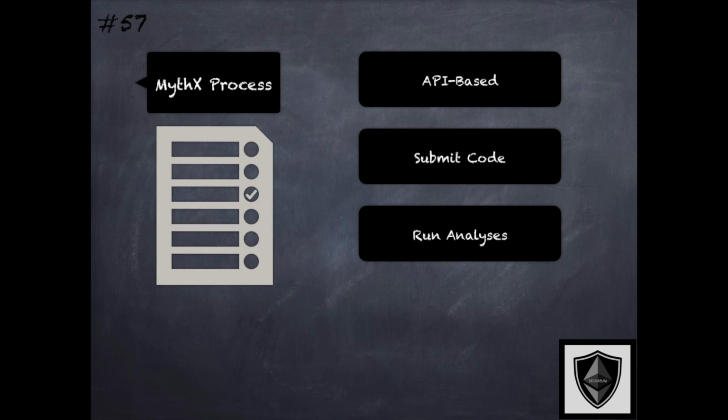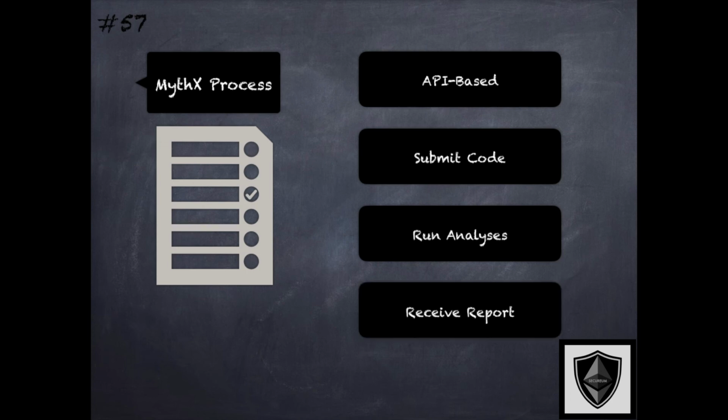And here, the longer Mythics runs, the more security weaknesses it can detect. And this is because the precision of the symbolic checker and the fuzzing components of Mythics can get better with more iterations. The third and final step is to receive a detailed analysis report from the Mythics service.